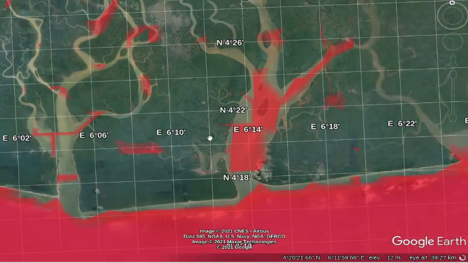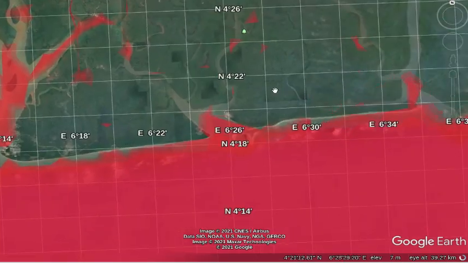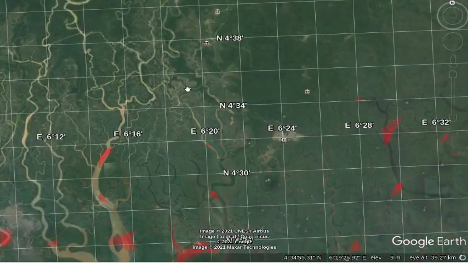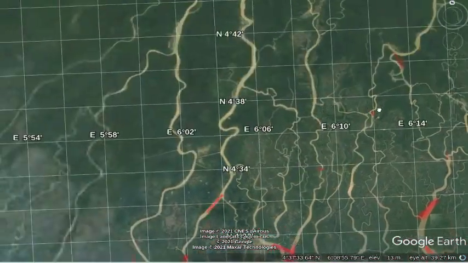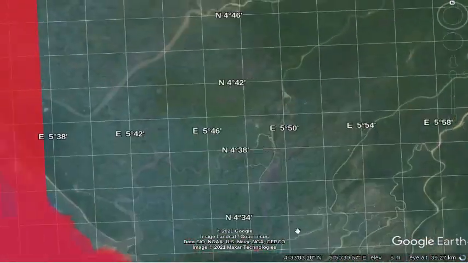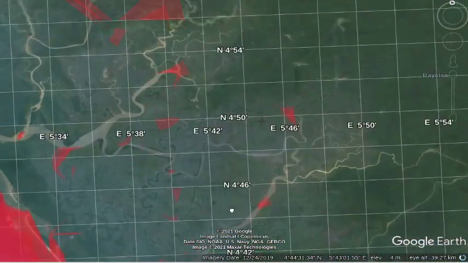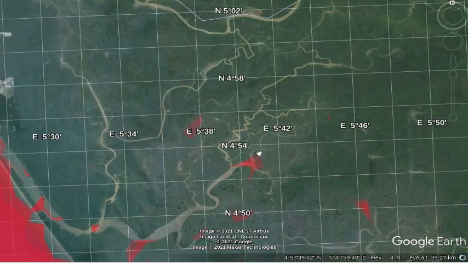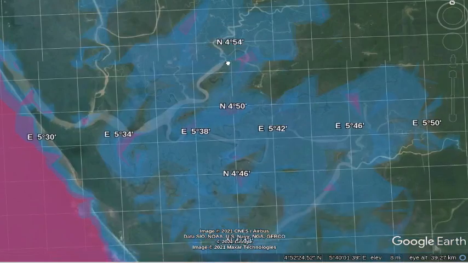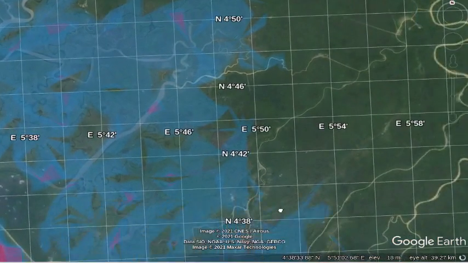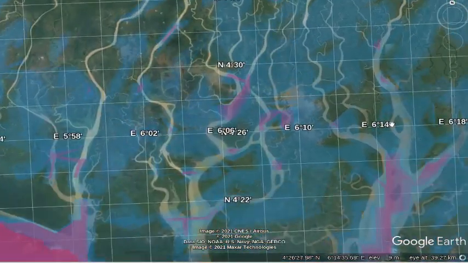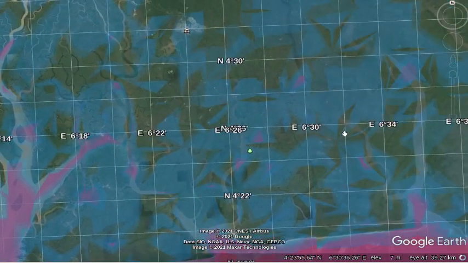We find that within 3 meters of sea level, we see areas very deep into Nigeria that are not very far. When you go to 4, 8, and 10 meters, you begin to realize that Nigeria is very close to sea level.